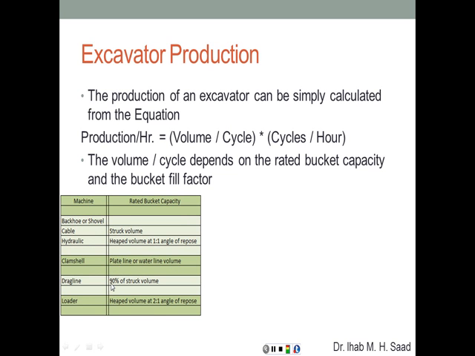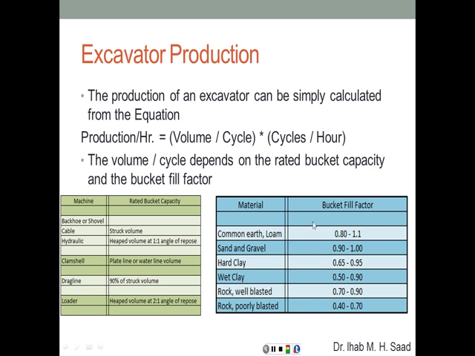For a drag line, it's going to be 90% of the struck volume of the bucket itself. And for a loader, it's going to be a heaped volume at a 2-to-1 angle of repose. The slope is measured as rise over run, so 2 vertical, 1 horizontal. So again, this is going to carry much more than the actual capacity of that bucket.